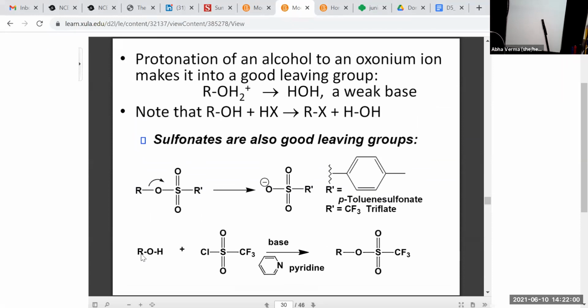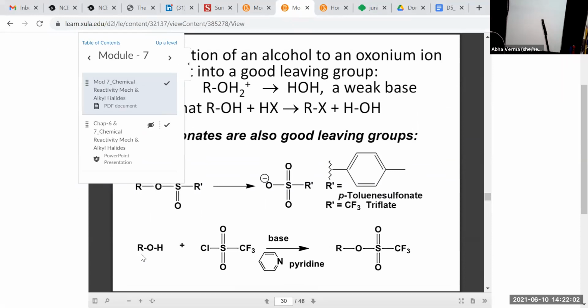It could be any alkyl chain. Okay, and I have this OH, and I have this triflate, TfCl. So all of this part is my Tf part, the triflate part, and I have the chloride next to it. So I will just label it as TfCl.